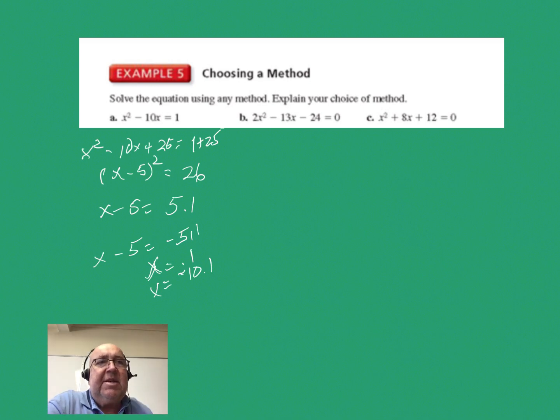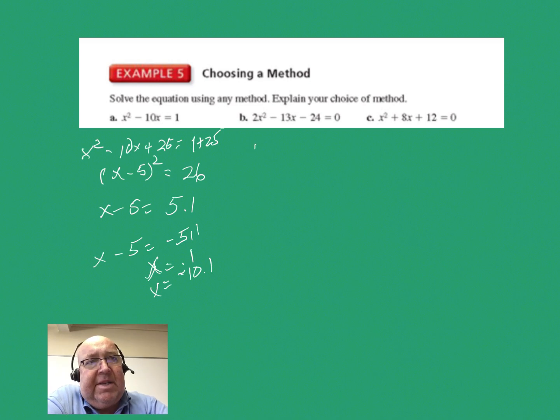The second equation, I think, is going to be easiest to do with the last method we learned using the quadratic formula.